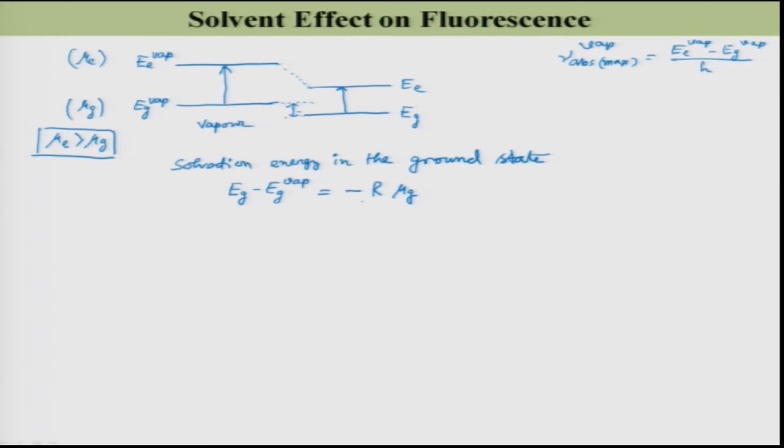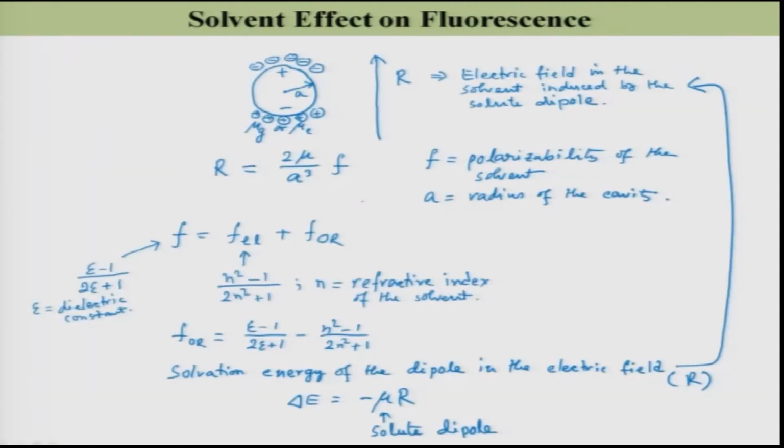Now, R has two components as I showed. Here R is 2 mu by a cube into f, where f is f EL minus f OR.